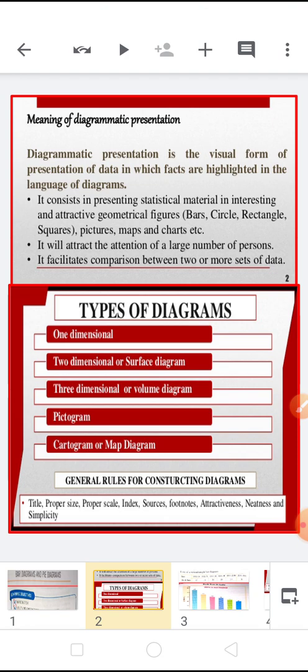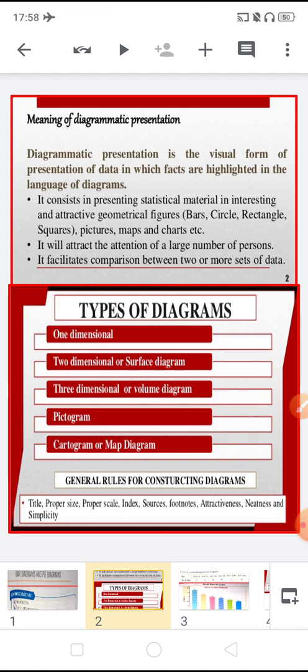In chapter number 4, we have learned the classification of data, that is the organization of data, and how the data collected is being organized or classified into the various fields. Thereafter we have learned the presentation of data, in which chapter number 5 we have learned the first method of presentation of data, that is textual and tabular presentation of data. Now we are going to learn the next method of presenting data, that is the diagrammatic presentation of data.